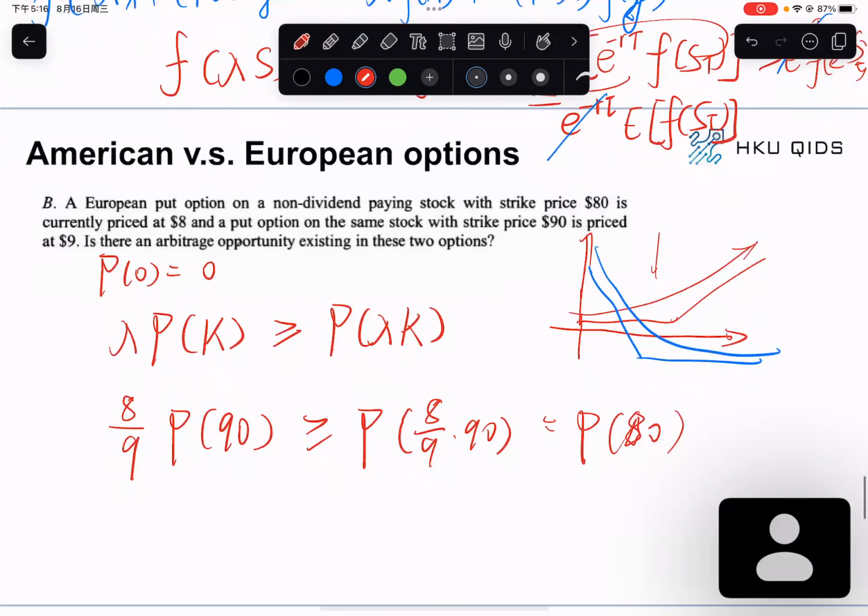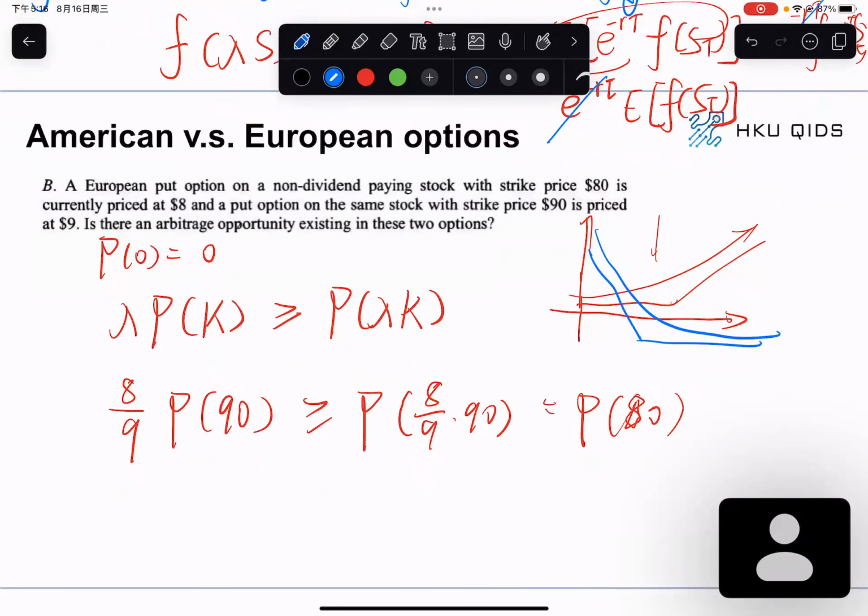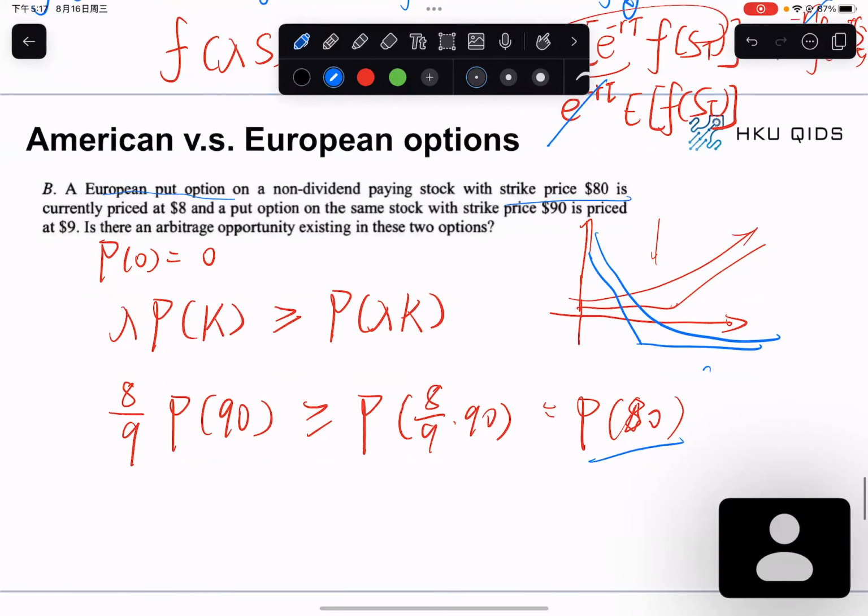However, we can see currently a European put option with strike price 80 is priced at 8, right? And this is priced at 9. So these two are equal.